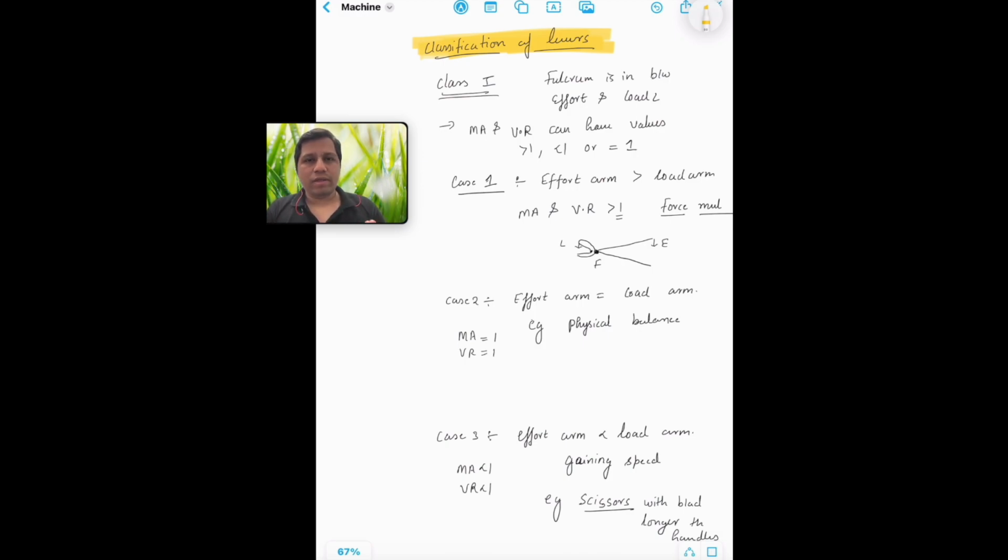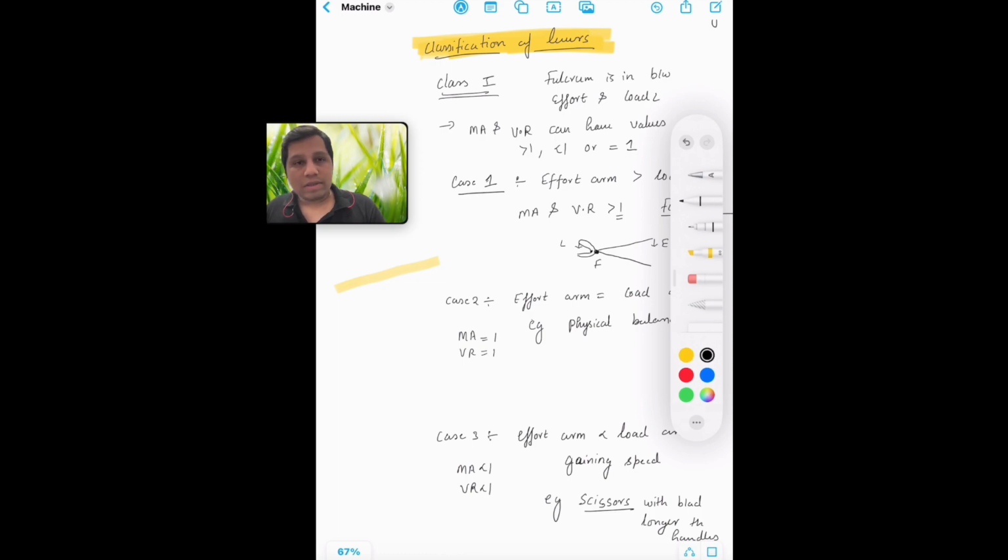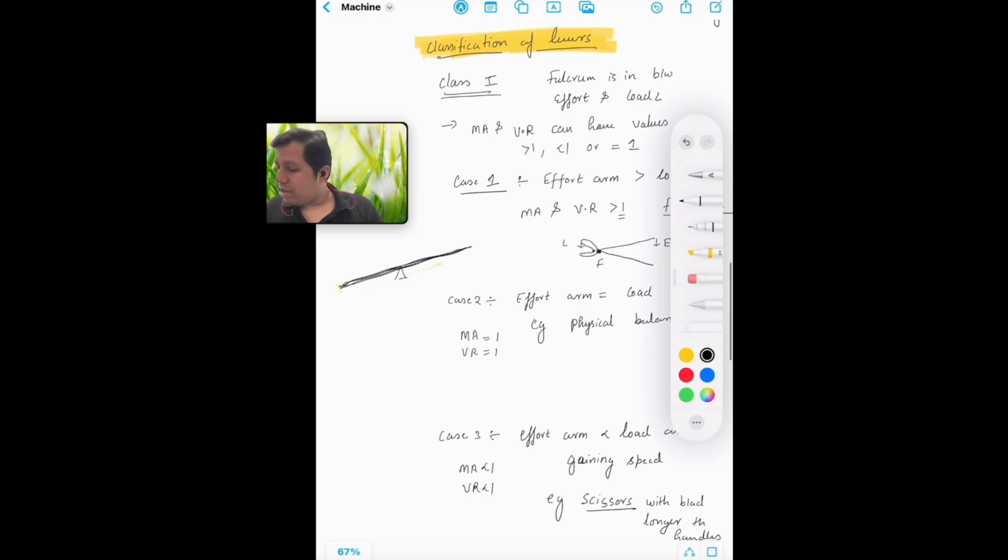So the basic difference is that in class 1 your fulcrum is in between the effort and load arm. So effort and load point. If I draw here, this is your rod that is used as a lever, and I placed a fulcrum here.